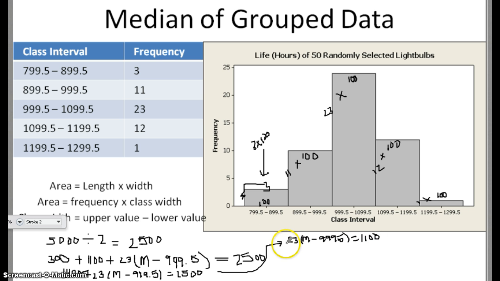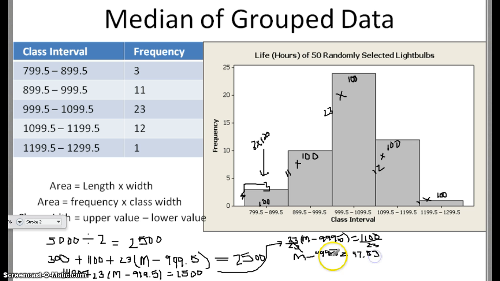I want to continue by dividing by 23 on both sides of my equation. Doing that with my calculator, I have m minus 999.5 is equal to about 47.83. That didn't come out exact, so I just rounded.